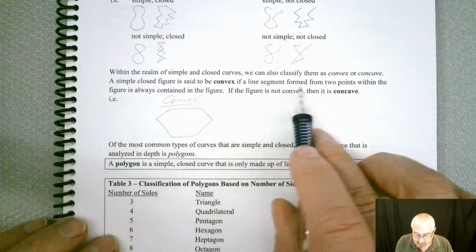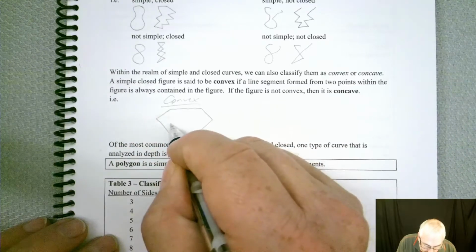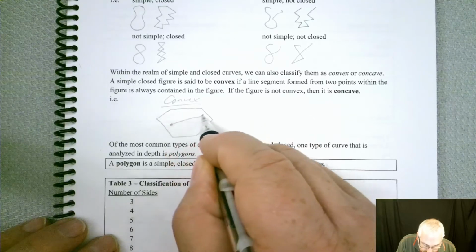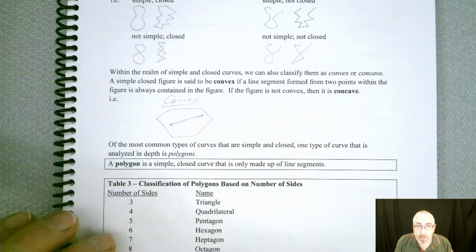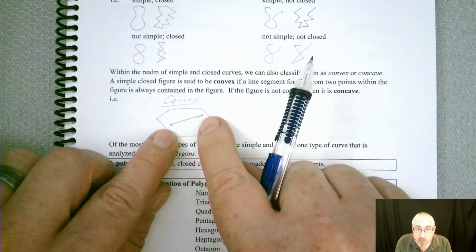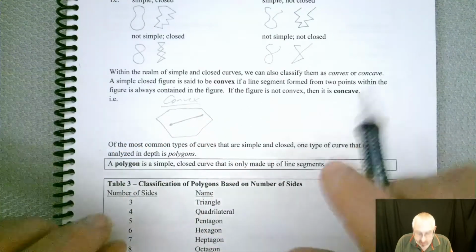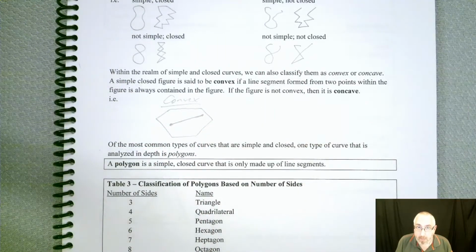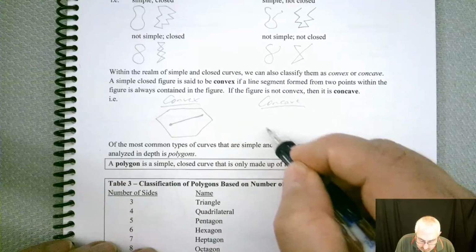If a line segment is formed from 2 points within the figure, so if I were to grab any 2 points and then connected them with a line segment, I'd have something that looks like this. But now, no matter where I put those two endpoints inside, that line is always inside the figure. So I can move it around and everything, and it doesn't get outside of the shape at all. So that's why it's convex. So if I wanted a concave one, I could draw something like this.